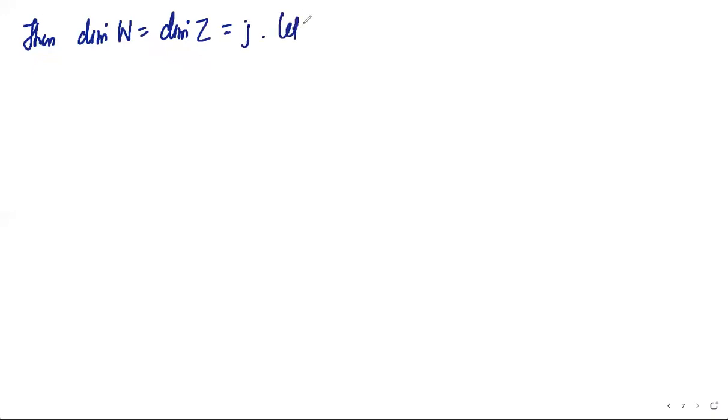So let j be equal to k, and we are done. This completes the proof showing that V, T of V, T square of V up to T^(k-1) of V forms the basis for this T-cyclic subspace W.